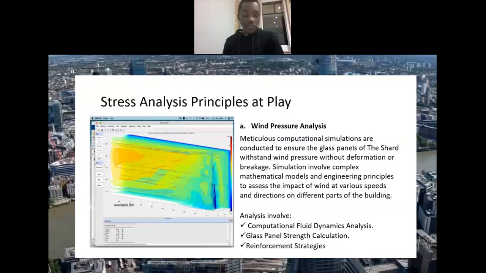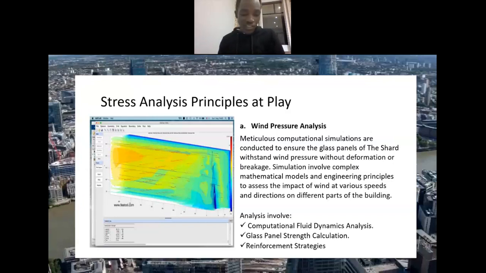We are also looking at the glass panel strength calculation. We calculate the glass panel using the finite element analysis software, a very powerful software that helps us analyze these stresses in real time and understand how this building was built by the piano artist from Italy.